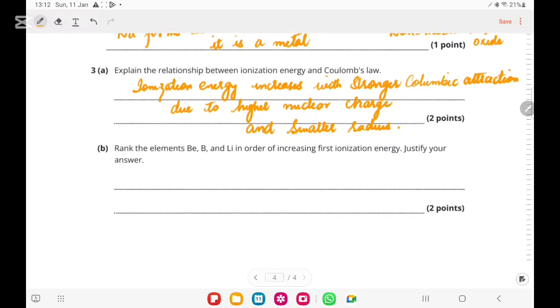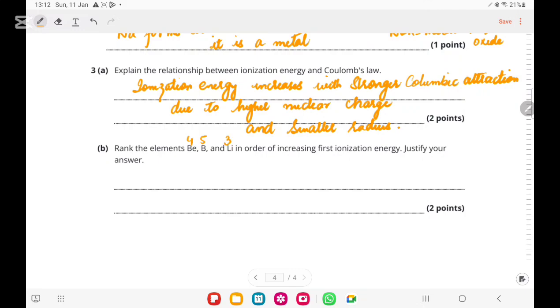Rank the elements beryllium, boron and lithium in order of increasing first ionization energy. As we know, ionization energy increases with the nuclear charge. So boron is 5, beryllium is 4, and lithium is 3.